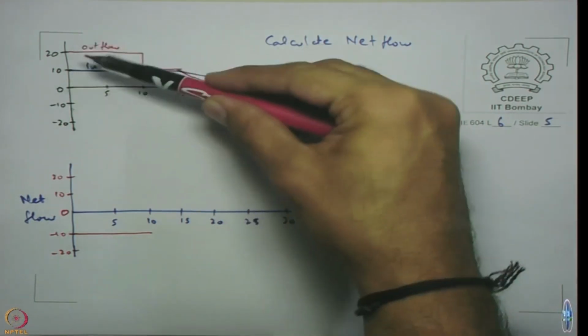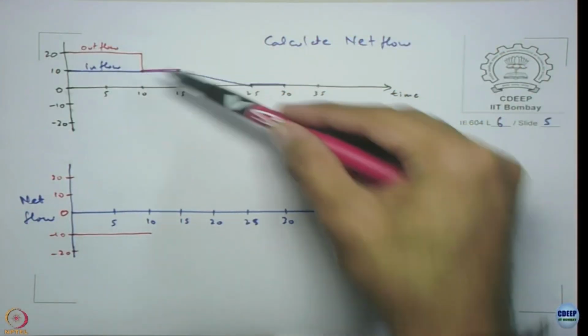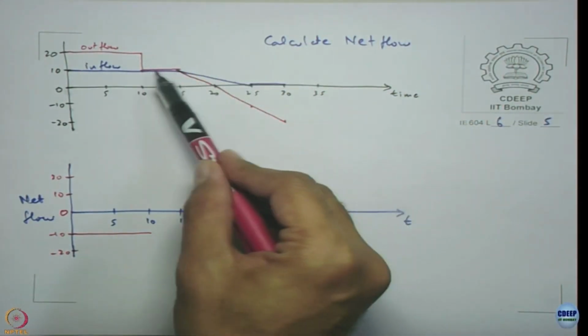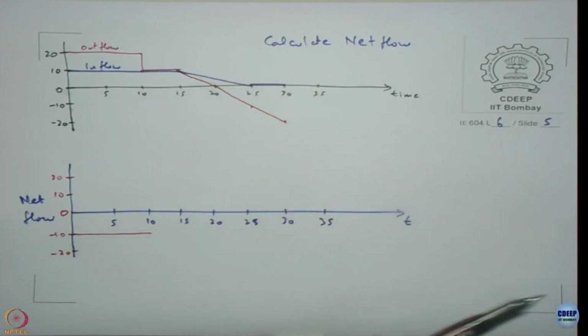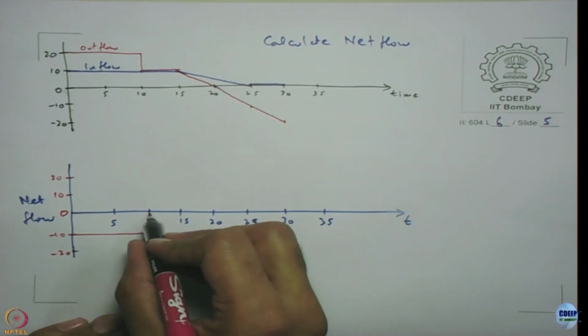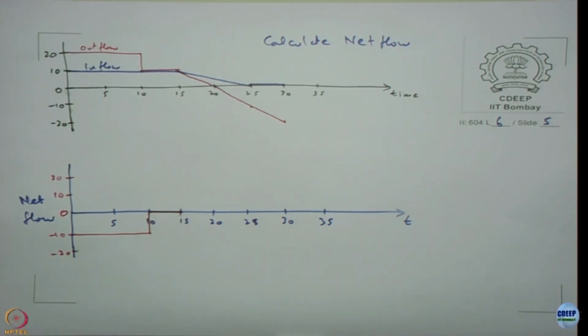It's just inflow minus outflow, 10 minus 20, I am just taking the subtraction. At this point both inflow and outflow are the same, so net flow is 0, I am neither adding nor subtracting. So, this has to jump back to 0, up to time 15 is 0.